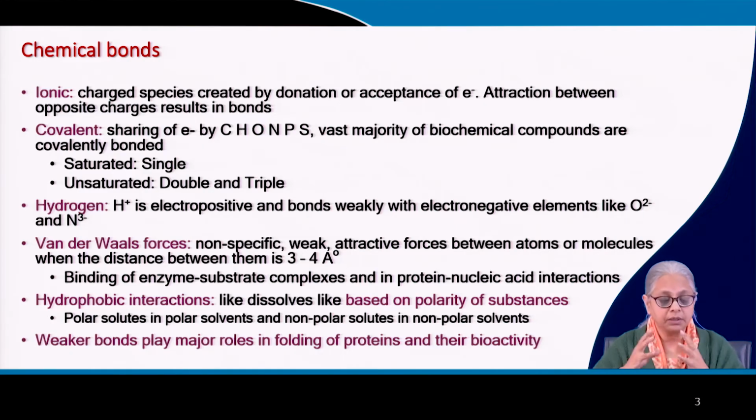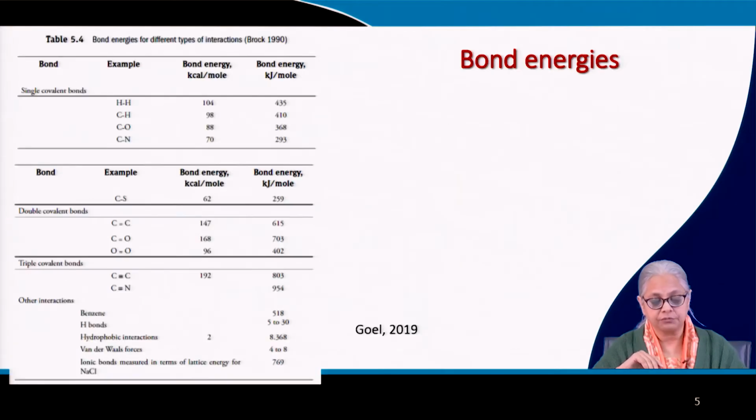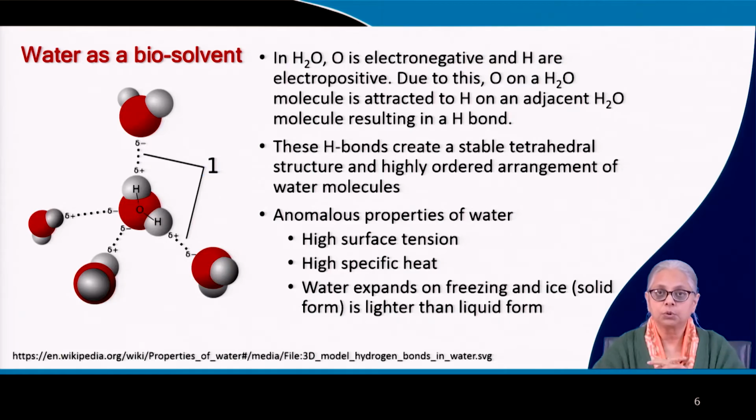Hydrogen bonds. How is a hydrogen bond formed? So hydrogen is electropositive, and it will bond weakly with electronegative elements like oxygen and nitrogen. And some of you may have studied this. You know that water is a biosolvent. You know that it's H2O. So you have oxygen and you have the two small hydrogen atoms attached to the oxygen.